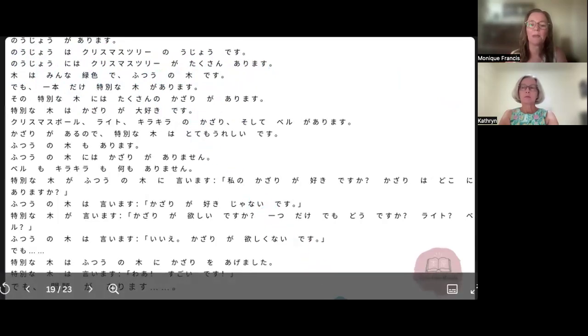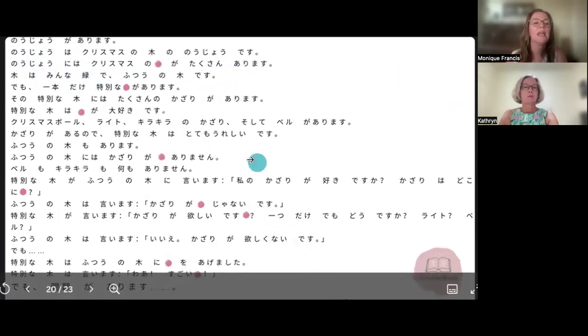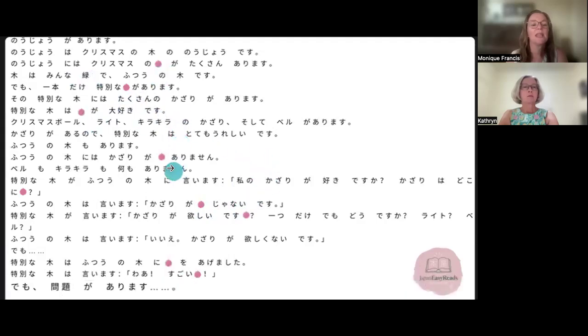You can see that a little bit more clearly here with this one. Here, the Christmas balls would indicate where the word is missing, and hopefully the students can, with a little bit of scaffolding, predict or anticipate what that's going to be.